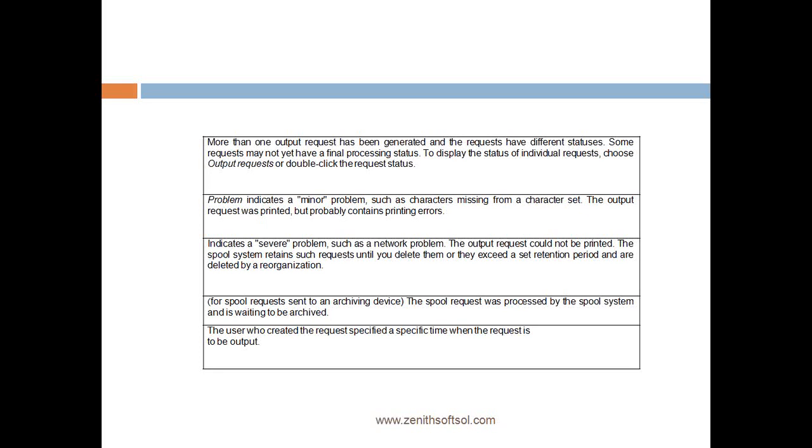A minor problem is such as characters missing from a character set, right? The output request was printed but probably contains printing errors. So what happened basically, say you are trying to print on A4 size, but it's printing in a different format.